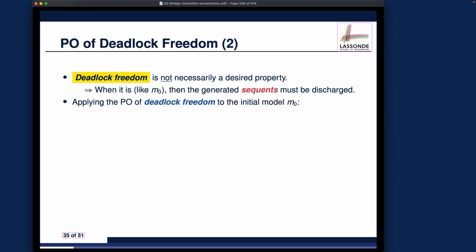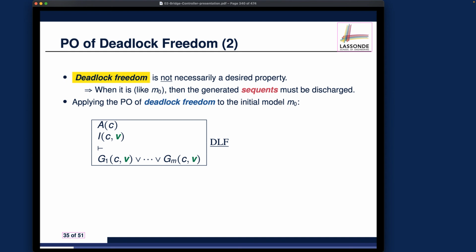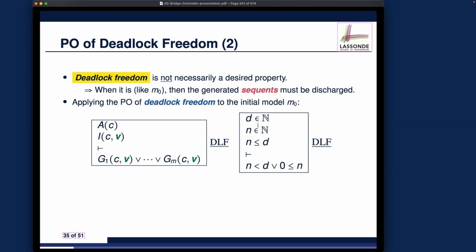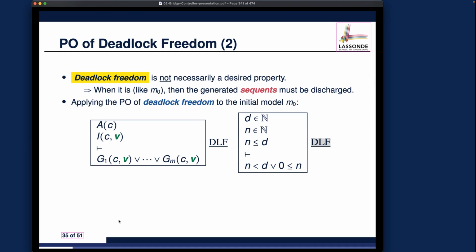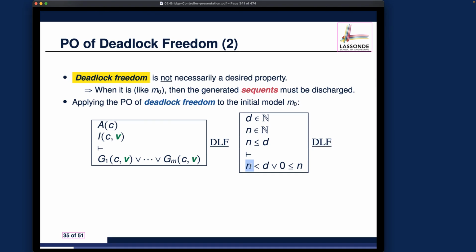After applying the deadlock freedom rule, which I already did, this is the final outcome, the deadlock freedom sequent that we need to discharge for our initial model M0. That's exactly what we did here. Of course, you should really understand exactly why we're only referring to the pre-states about the guards for every event in this disjunction.